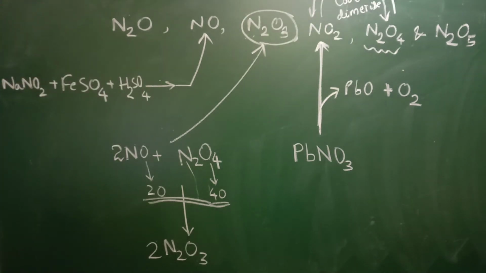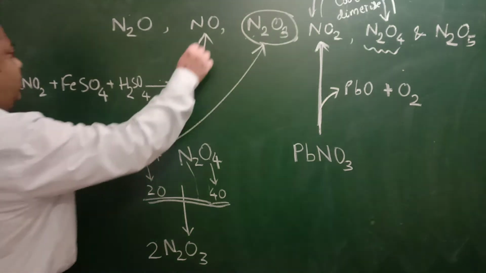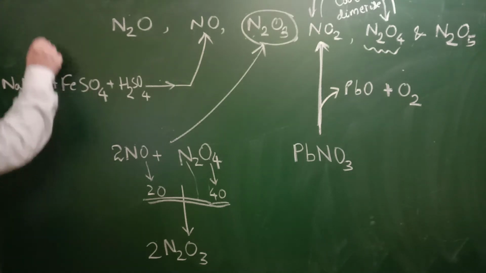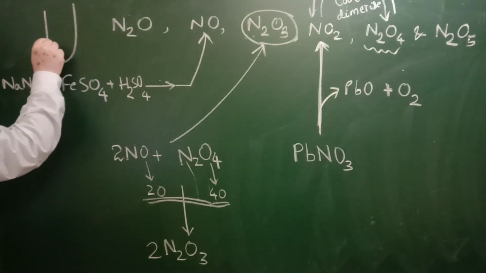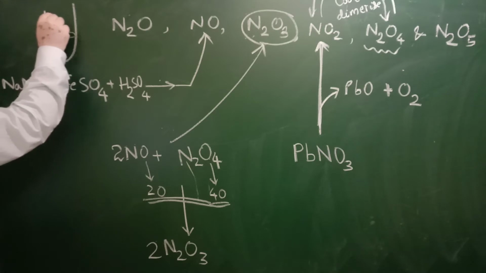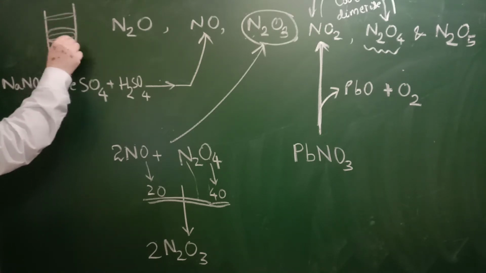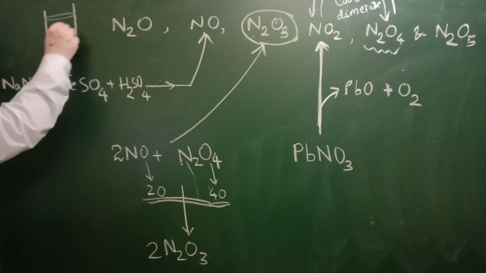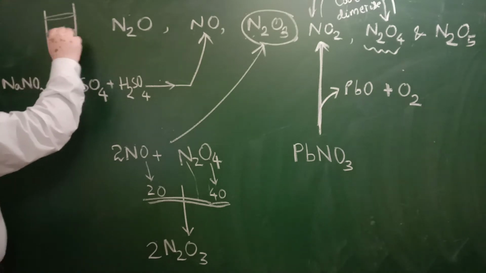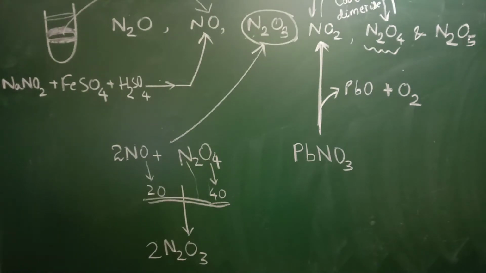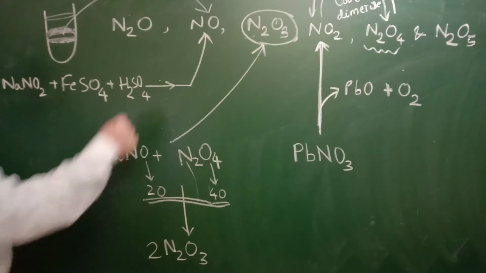So what happens? Nitric oxide NO is formed, which is found in the layer in between. Like if this is the layer of H2SO4 and if this is the layer of FeSO4, then in between you will find that there will be a brown ring. So this brown ring will be due to nitric oxide. Alright, so we will balance it also. We are just trying to learn the methods.